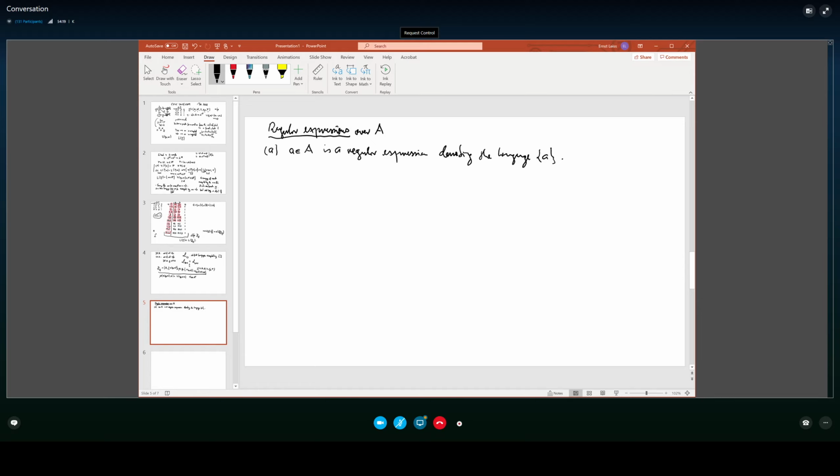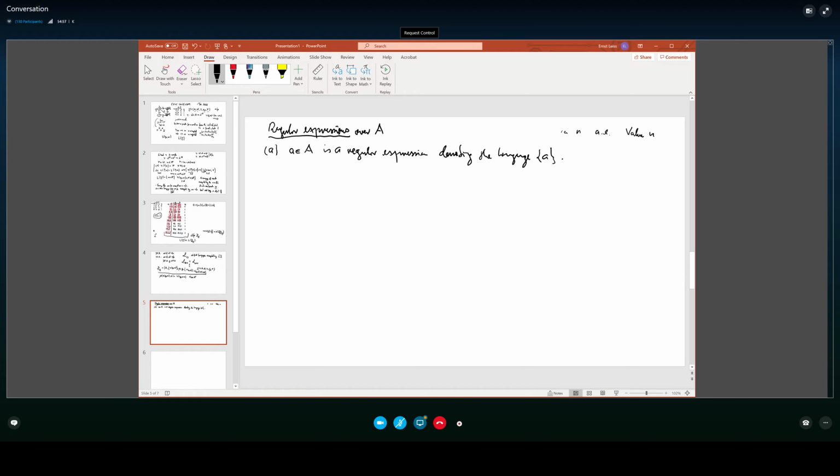Now, you will probably think that the definition is a kind of brain-dead, very trivial definition. It may look that way, but that's somewhat deceptive. If you do arithmetic expressions, then it also looks kind of brain dead. You have a number n is an arithmetic expression denoting the value n.